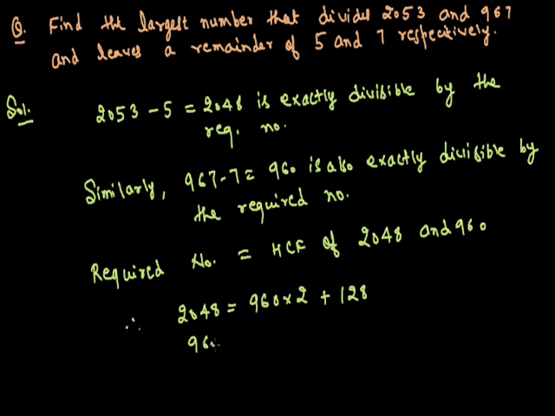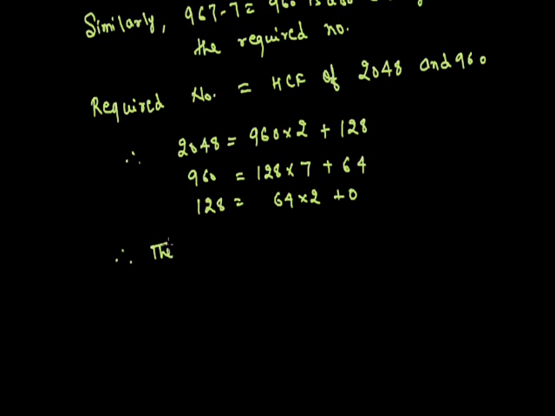Now 960 is equal to 128 multiplied by 7 plus 64. So 128 is equal to 64 multiplied by 2 plus 0. Therefore the required number is equal to 64. So this is the largest number which divides 2053 and 967 and leaves a remainder of 5 and 7 respectively.